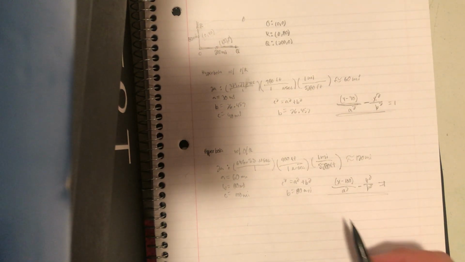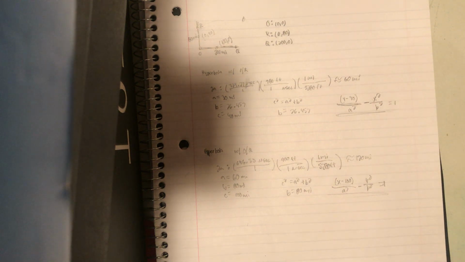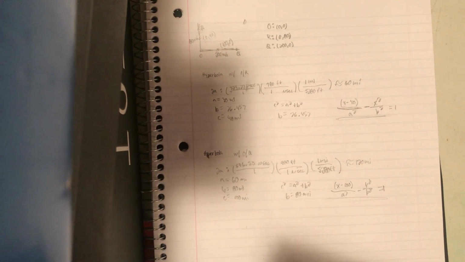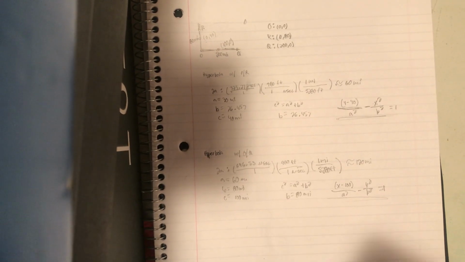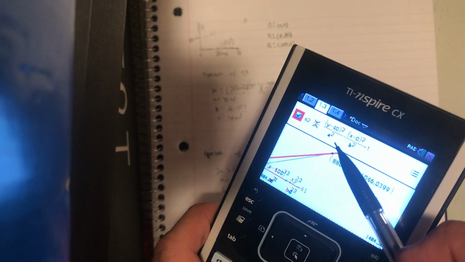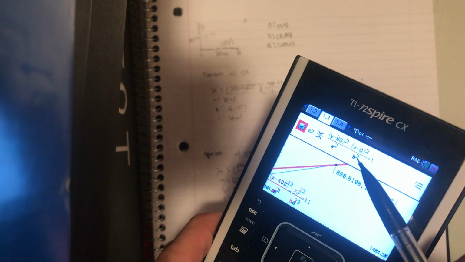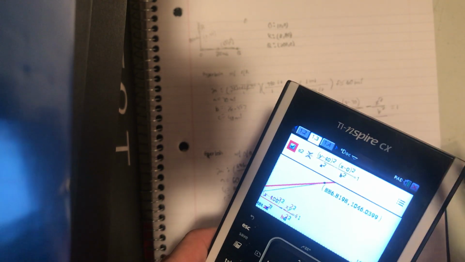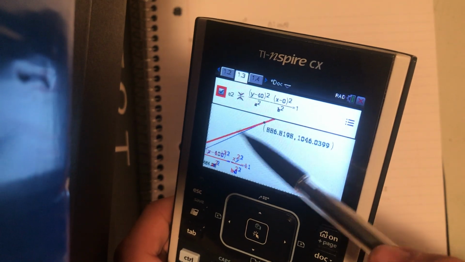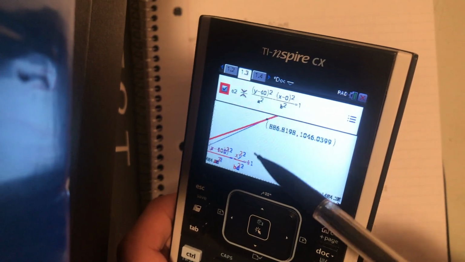Alright, so now that you know what the two equations for the hyperbolas are, you have to graph both of them and find the intersection. This is where I meant saving the value will help you. Here we go: (y minus 40) squared over a squared minus x squared over b squared. You can see the bolded A and B because those two letters have a value stored in them.